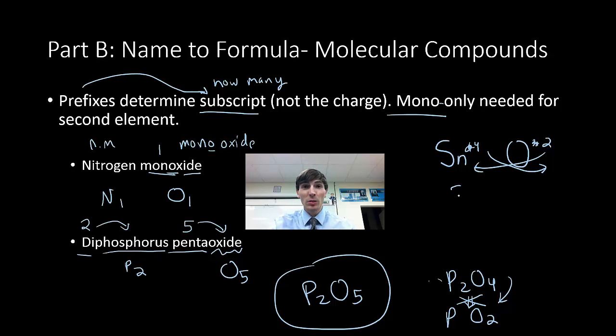This is where we go to the lowest whole number ratio, because for every 1 Sn, I only need 2 O's. That just means I'm dividing everything by one number. 2 divided by 2, 4 divided by 2. I would properly write this formula in its reduced form. Ionic? Yes. For molecular? Never.